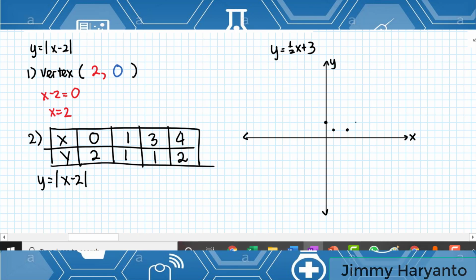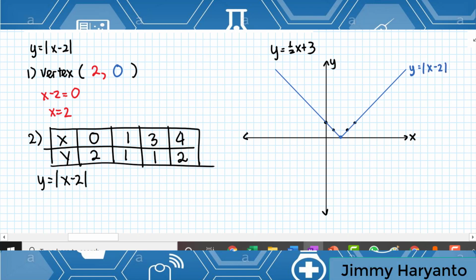Then 4, 2 is right here, and then the vertex 2, 0 is right there. Then I will draw the absolute value function, like this. So this is y equals the absolute value of x minus 2. You can label it like that.